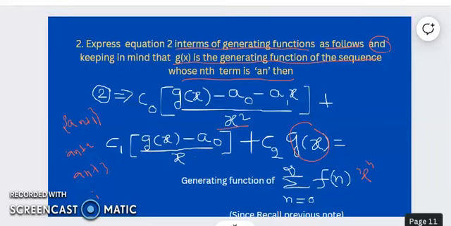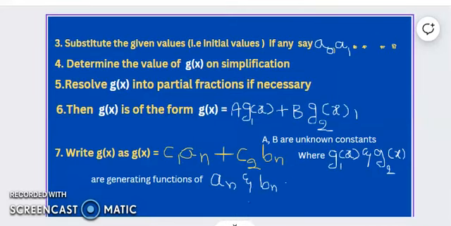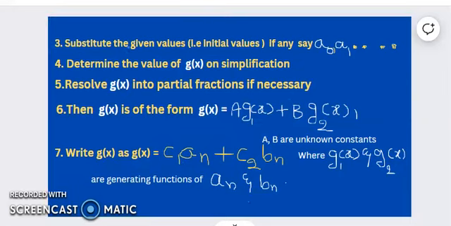So now the third point. What is the third point in this procedure? Substitute the given values, meaning initial values if any. Suppose those are of the form a0, a1, a2, a3 and so on.